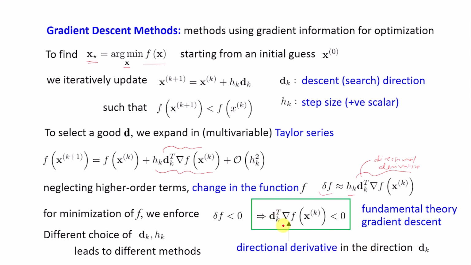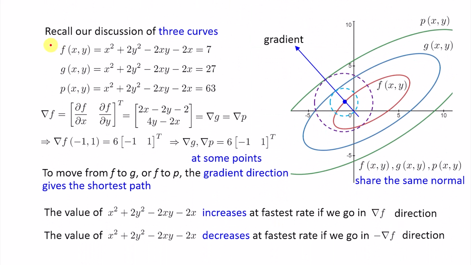Now recall what we were discussing before, that we have these three curves f, g and p. They are essentially the same equation with different constants on the right hand side.